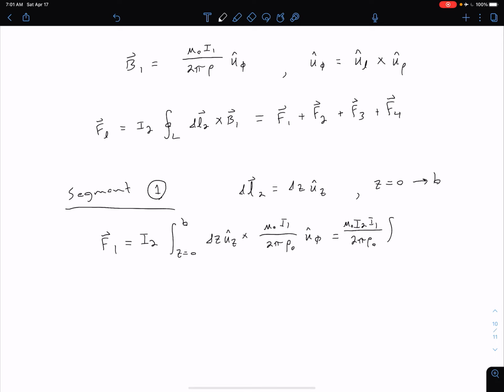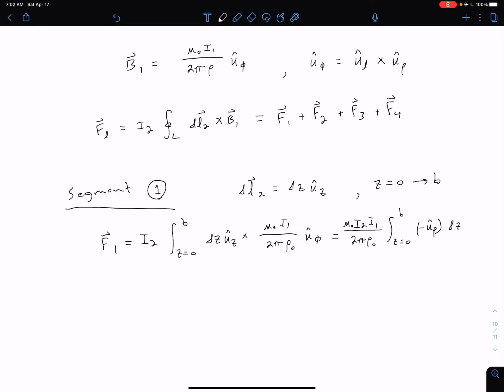And then we have the integral from z equals 0 to b, and we're going to have some direction, so z cross phi. We can do our right hand rule, and we see that's going to be in our negative rho direction. And again, these are our global phi and rho just because of how we've defined the problem. And of course we have our dz coming from our dl there.